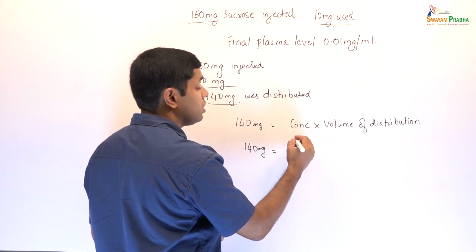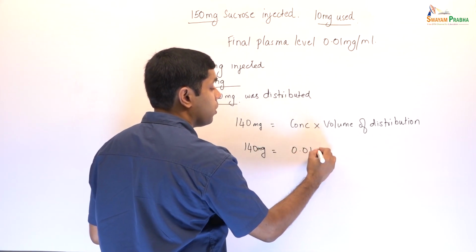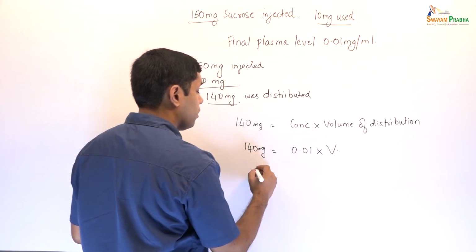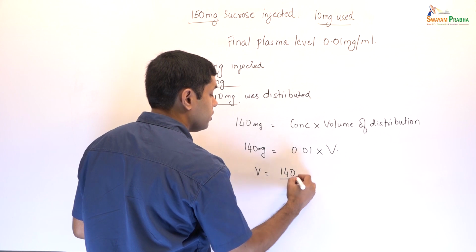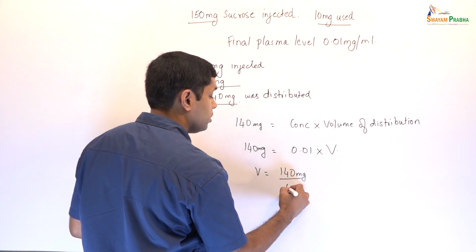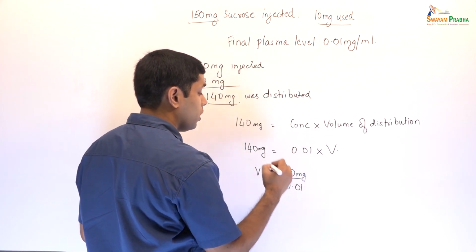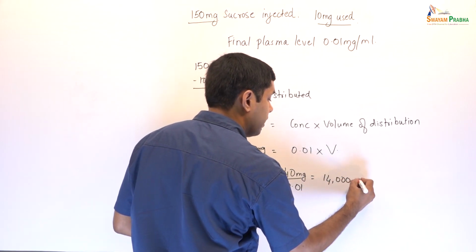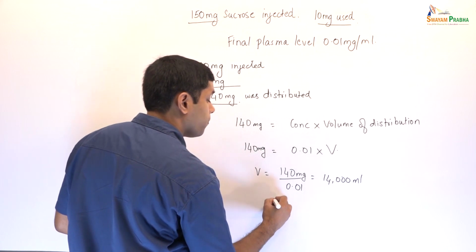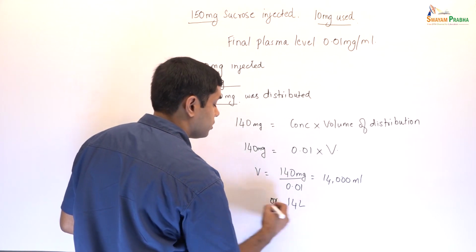Now we know that this is 140 milligrams. 140 milligrams is equal to 0.01 into V, or V is equal to 140 milligrams divided by 0.01, that is equal to 14,000 ml or 14 liters.